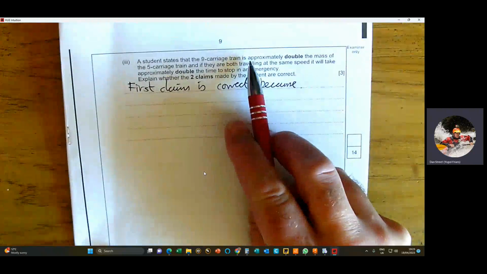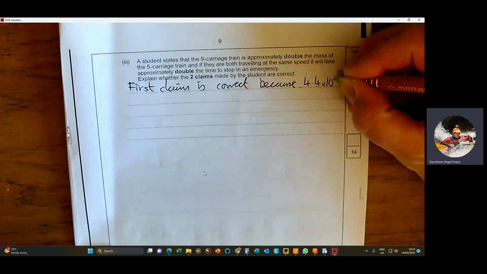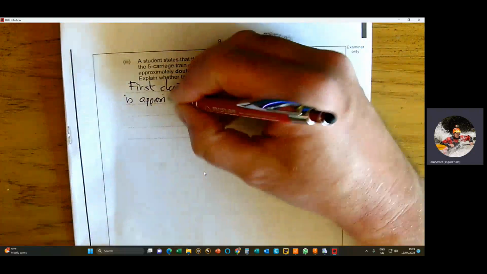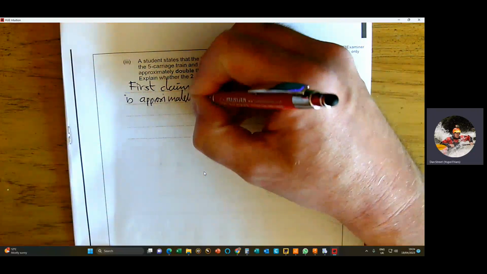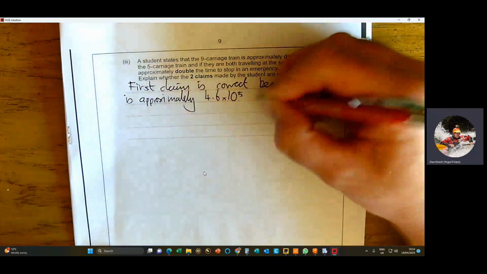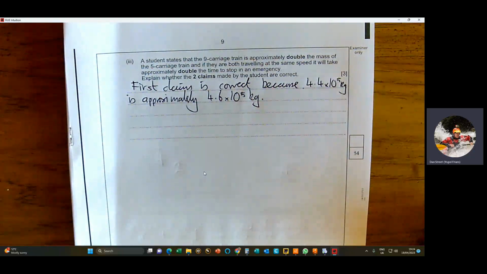They're not too far away, because he does say approximately in his statement, approximately double. So 4.4 times 10 to the 5 kilograms is approximately the same as 4.6 times 10 to the 5 kilograms. So his first statement is correct because they're not entirely dissimilar.